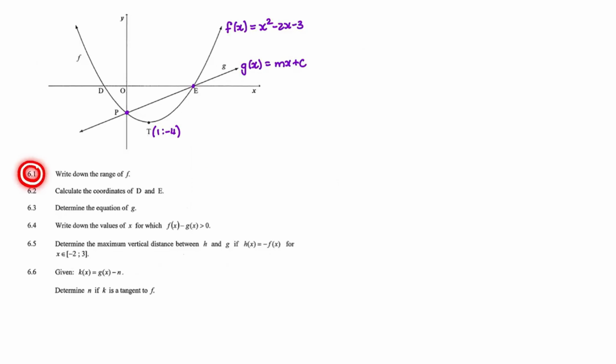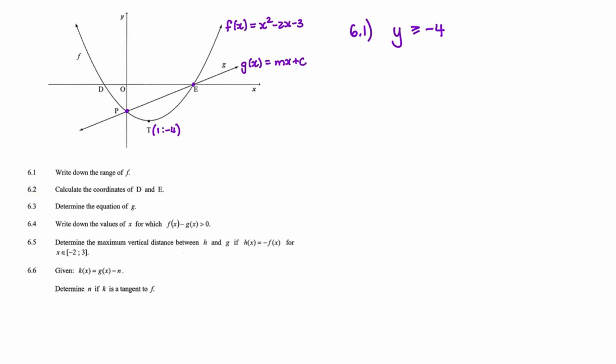Question 6.1. Write down the range of f. So the range is all the y values for this graph, and I can see that the graph is above negative 4. So for 6.1, the range is y is bigger or equal to negative 4.